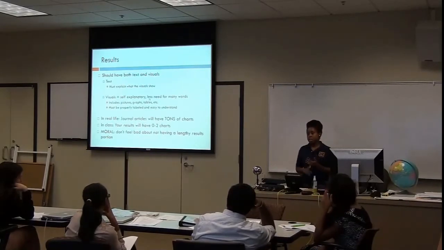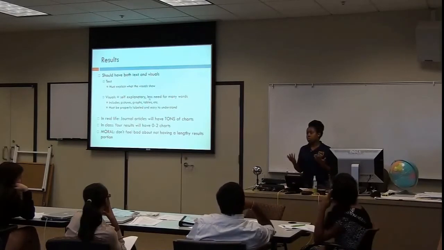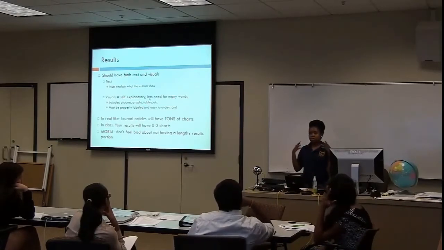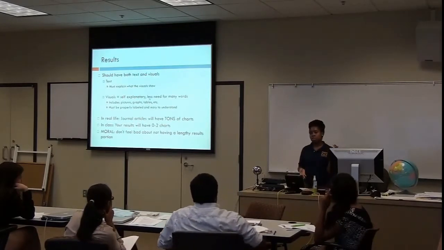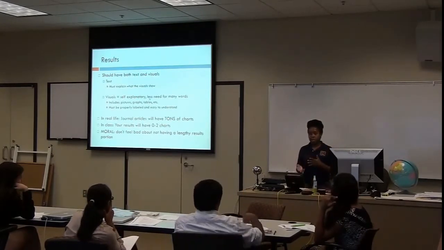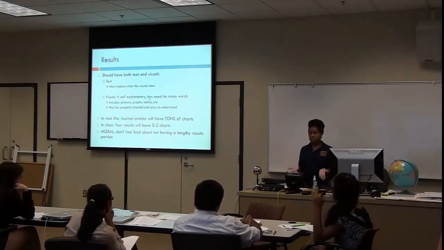It's not as long as your discussion section or your methods and materials. So don't feel like this evil is upon you because you didn't have a long results section. Just state it, put the pictures in if you need them, if not, exclude them, and move on. Any questions about that?